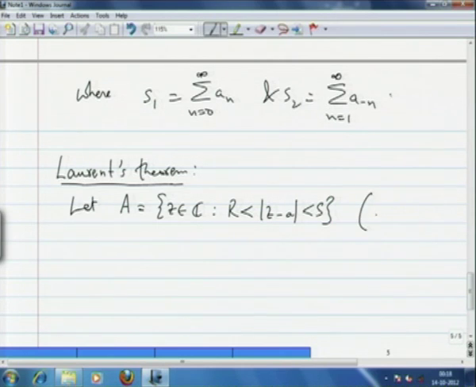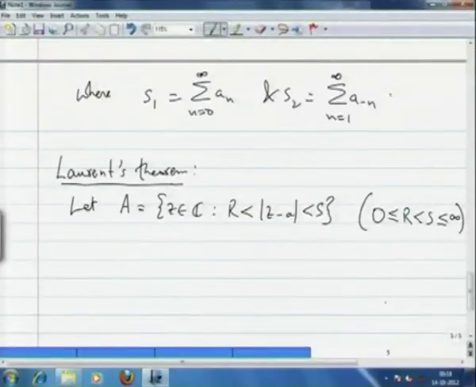We will allow R to equal 0, but it is strictly less than S, and S can be as large as it wants, it could be infinity. So, we allow the lower radius R of this annular region to collapse to a point.